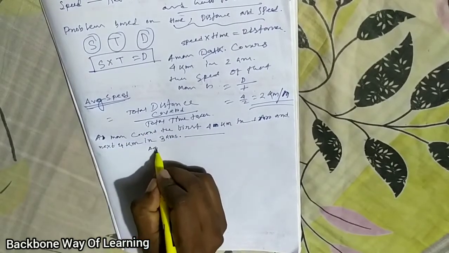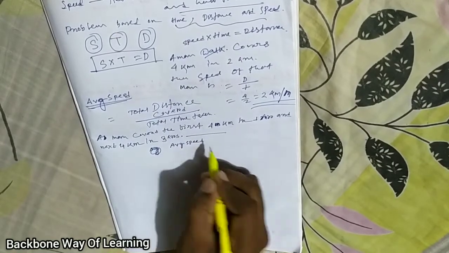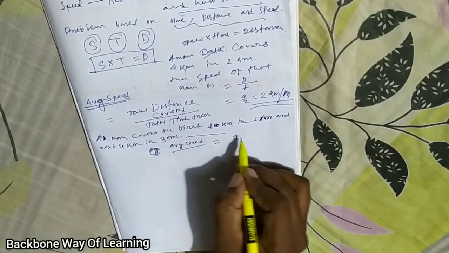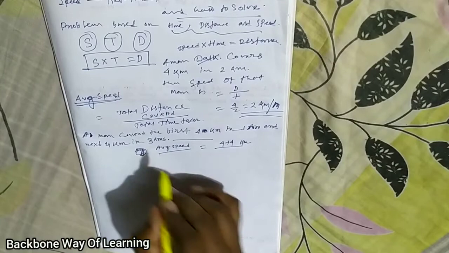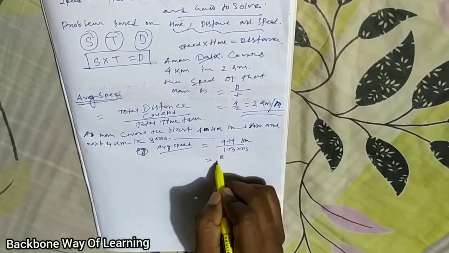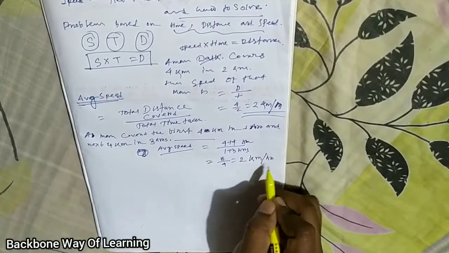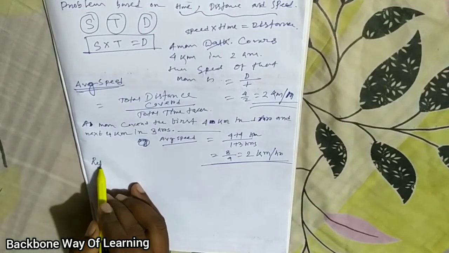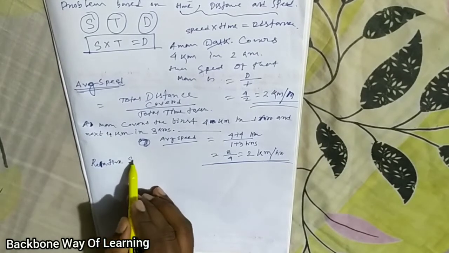Hence, the average speed of this man is equal to total distance covered by total time taken. Therefore, (4 plus 4) by (1 plus 3) is equal to 8 by 4, which is equal to 2 kilometers per hour. This is the answer for the average speed of this man.